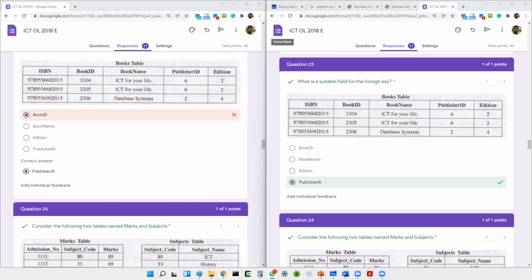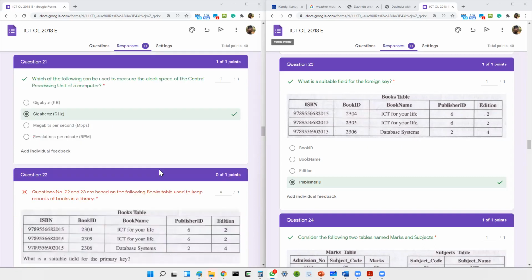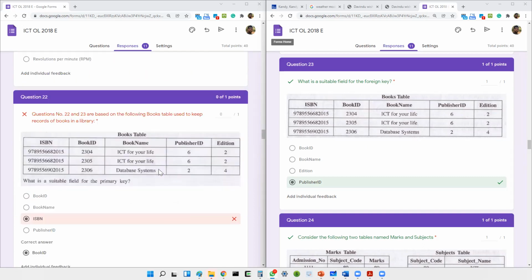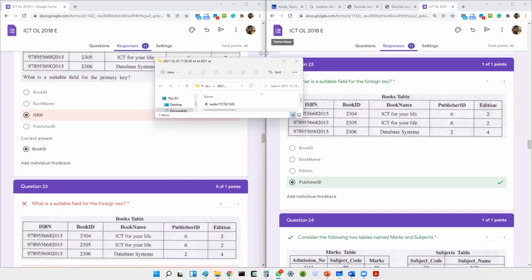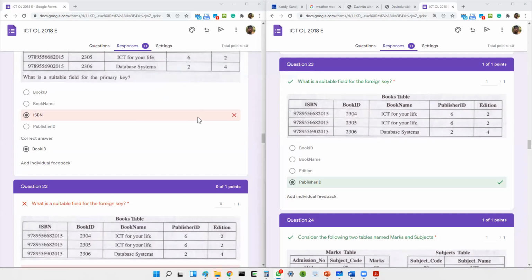The best one in this particular case for the foreign key, what you need to remember is we need something to connect it.